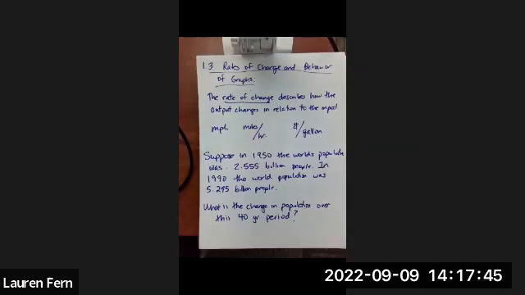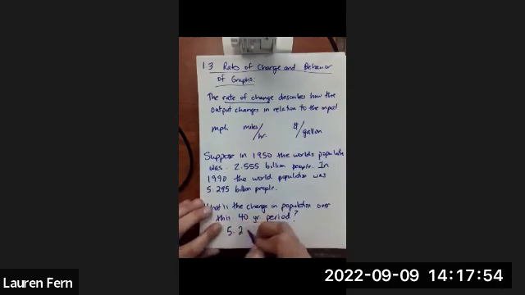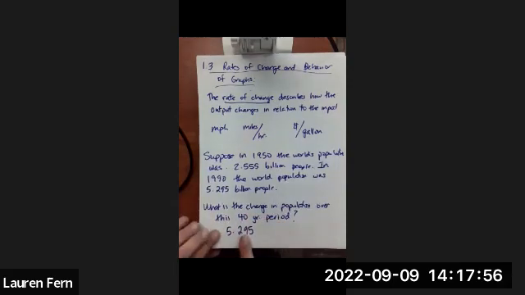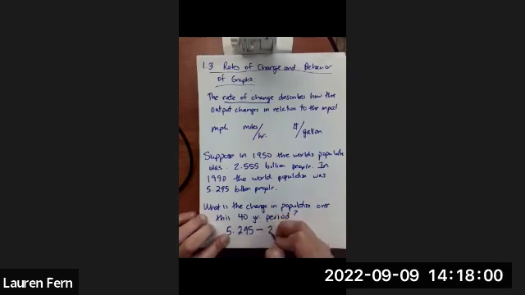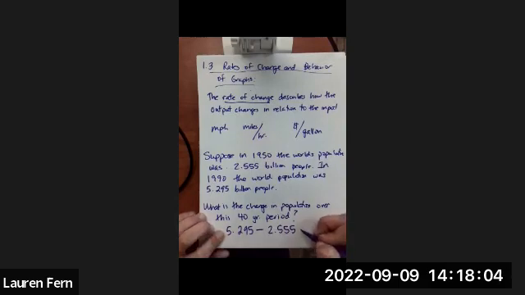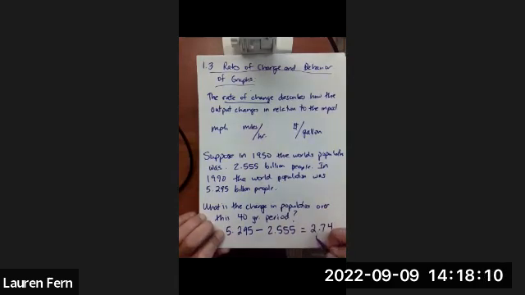Subtraction. Thank you. Yeah, when we ask the change in population, in other words, how much did the population change? We want to subtract. We want to say, well, it was 5.295 billion people in 1990, and it was 2.555 billion people in 1950. So the change in population was 2.74 billion people.